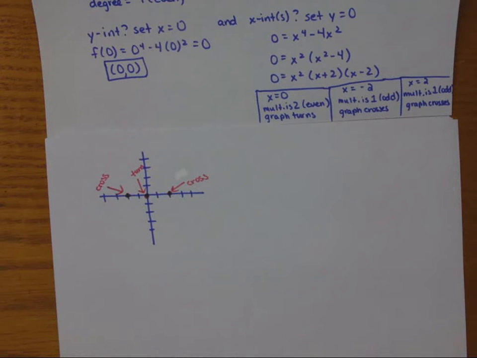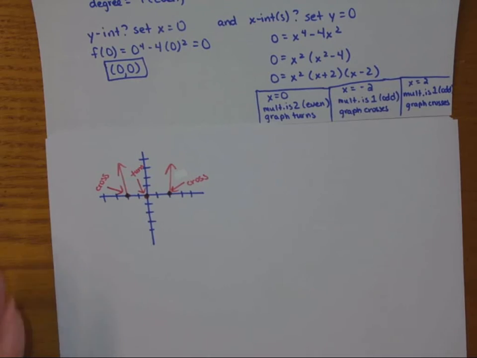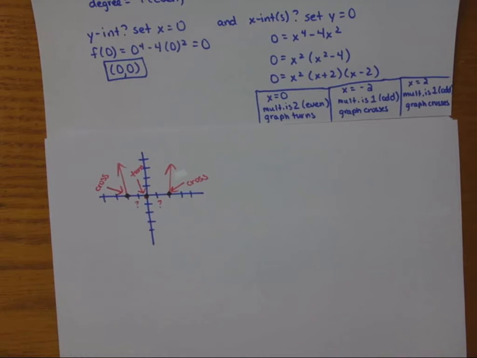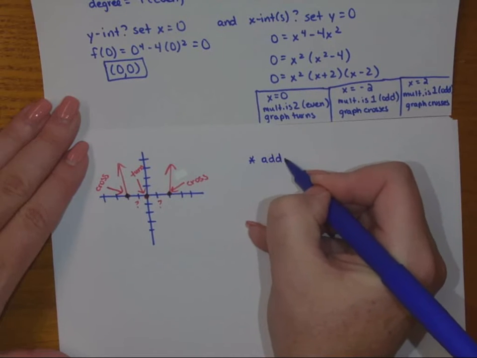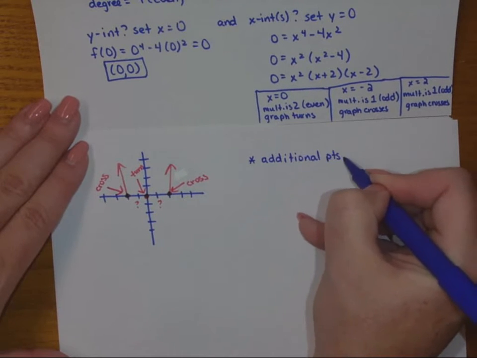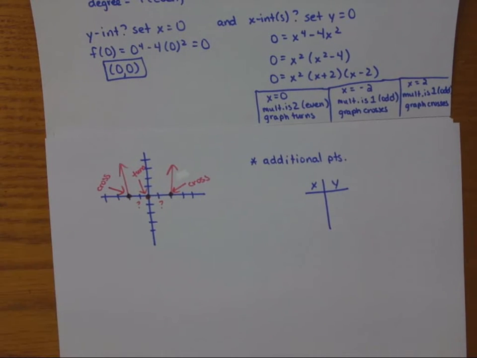We also know that the graph goes up in both directions, so we can show the end behavior with our arrows there. The real question is how far down do I go here and here? That's really what I don't know. The additional points can only be determined by what you need when you graph what you already have. For this, you're allowed to pick as many additional points as you would like.